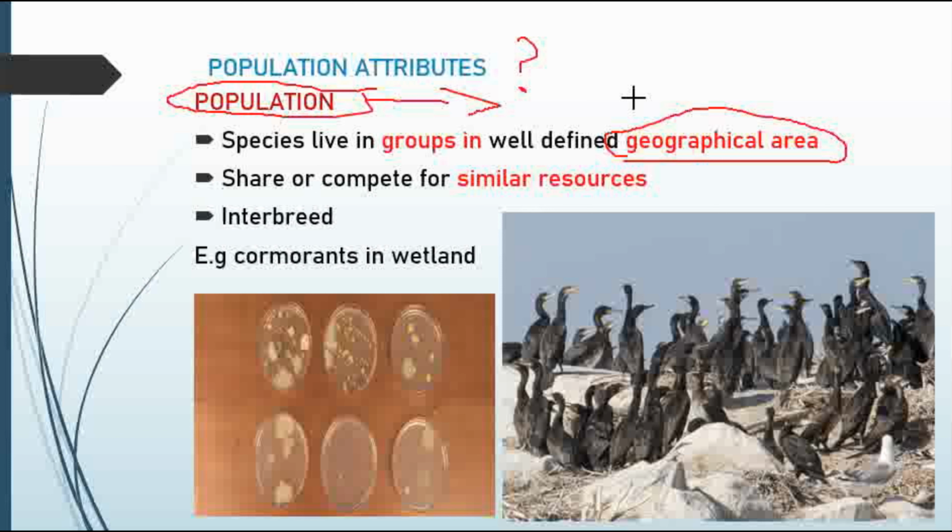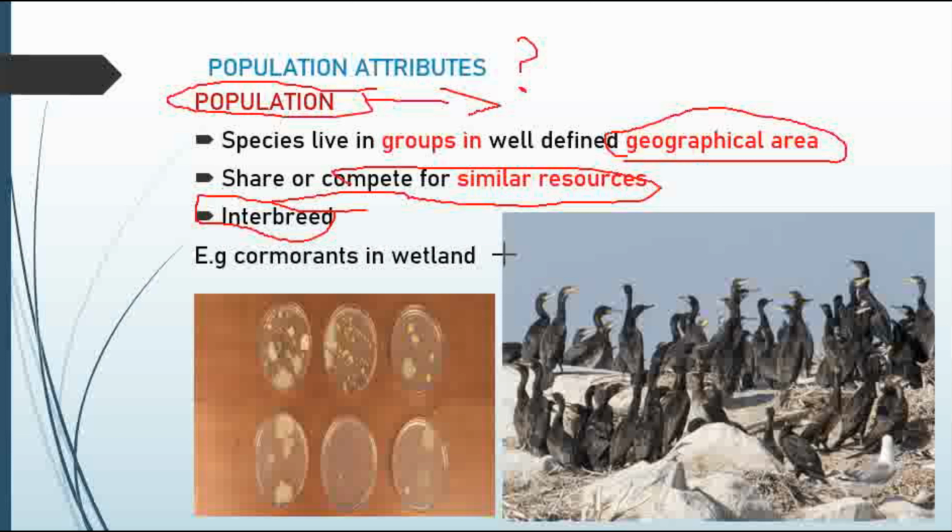Another thing about a population is they share or compete for similar resources. If living beings are in the same place, they share the resources and compete for them, and they tend to interbreed for reproduction. An example is cormorants in a wetland.